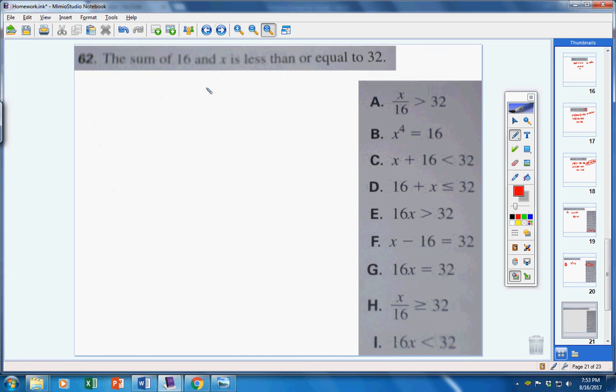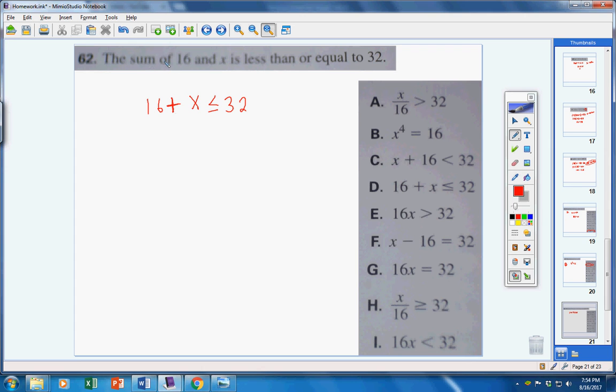62. The sum, so we're adding. Sum means add. The sum of what two things? 16 and x is less than or equal to 32. Let's look at this again. The sum, so I know right away I want to put a plus sign.